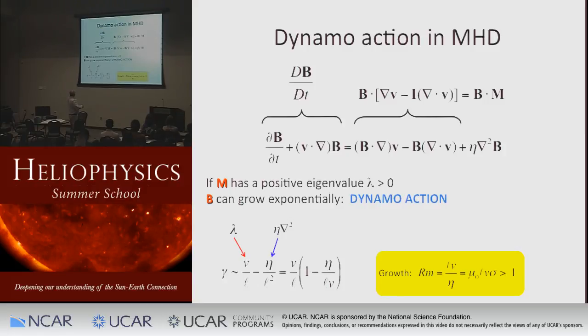And that's basically V over L times this constant here. And I'm going to get exponential growth if this number here is less than 1, or if I turn it upside down, LV over eta is greater than 1, and that is the same as the magnetic Reynolds number. So it has the same exact behavior as that little toy model.